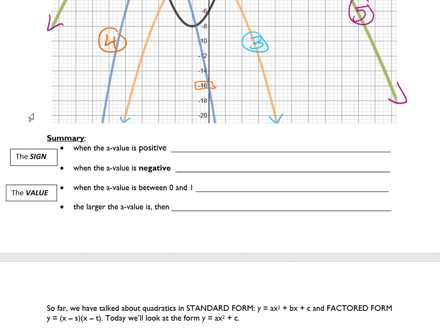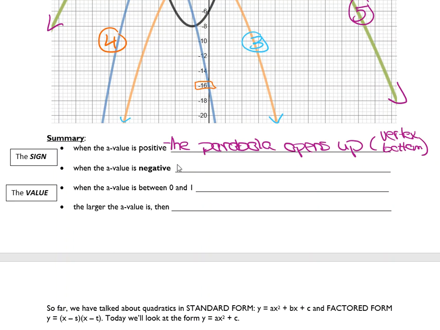Summary. When the a value is positive, the parabola opens up. That means the vertex is at the bottom.